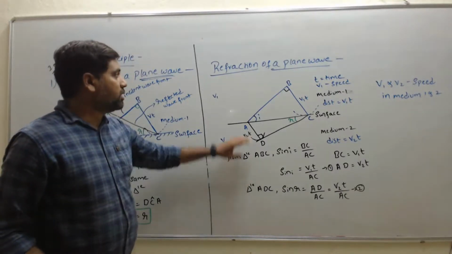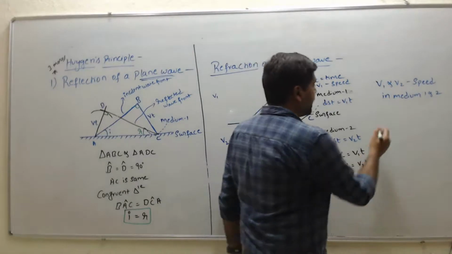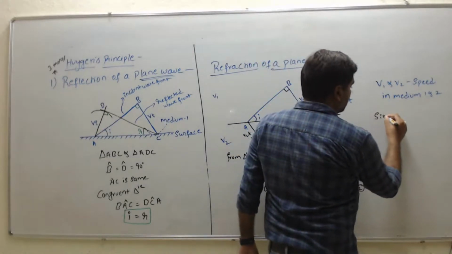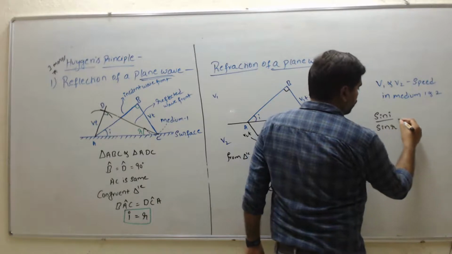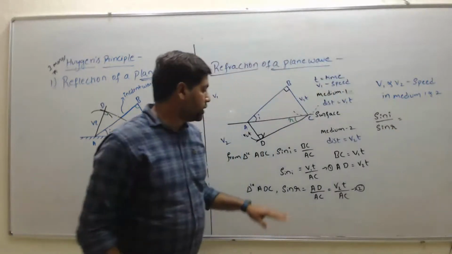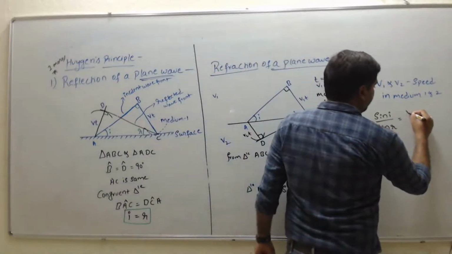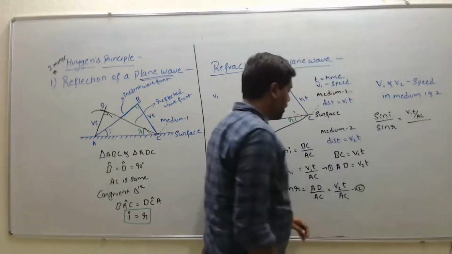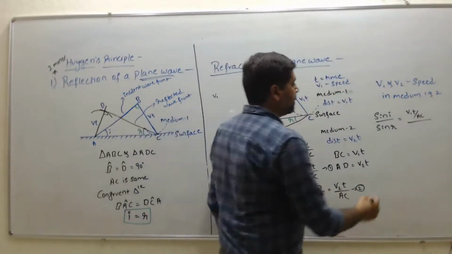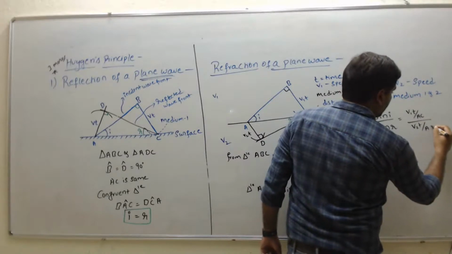So here we are proving the laws of refraction. If we divide sine I by sine R, that is equation 1 divided by equation 2, then V1T divided by AC, whole divided by V2T divided by AC.